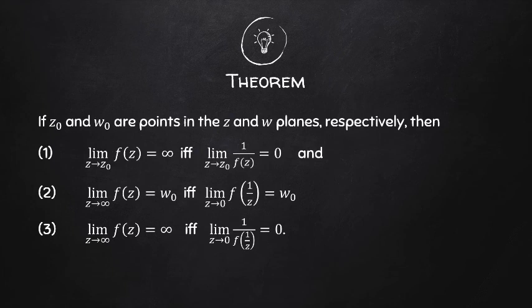And the last case, the limit as z tends to infinity of f(z) is equal to infinity if and only if the limit as z tends to 0 of 1 over f(1/z) is equal to 0.